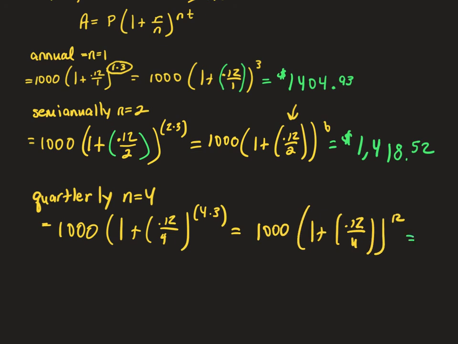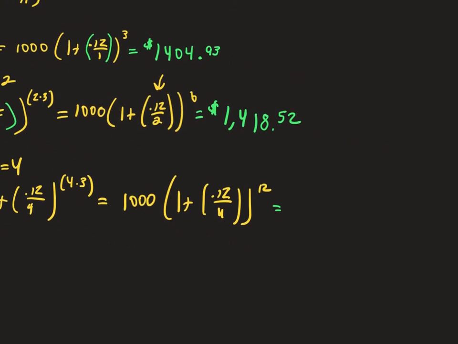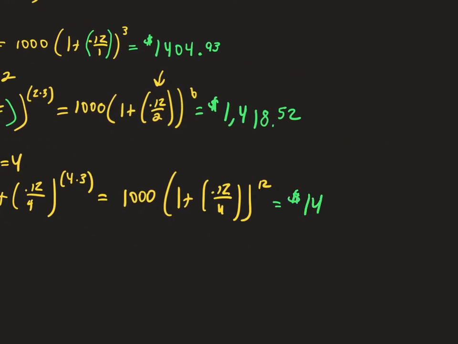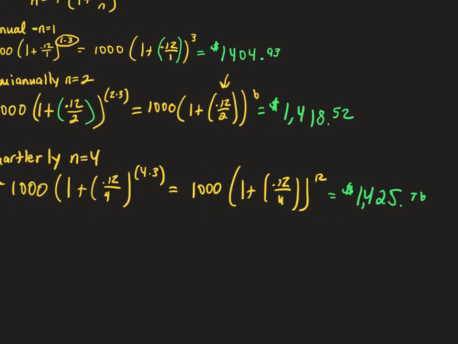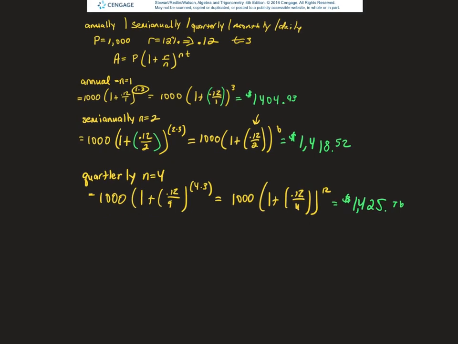So in our calculators, 1,000, 1 plus 0.12 divided by 4, raised to the 12th power, and I get $1,425.76. Okay, 2 more, and then I'm going to compare these answers.